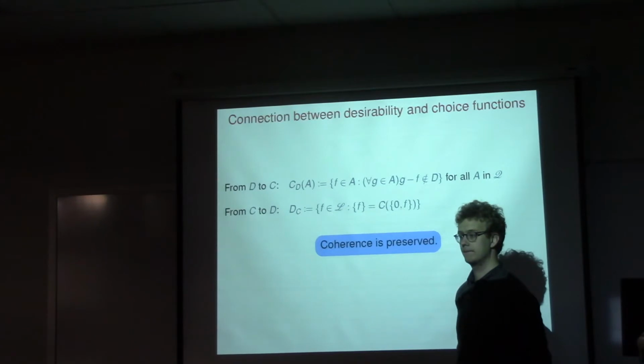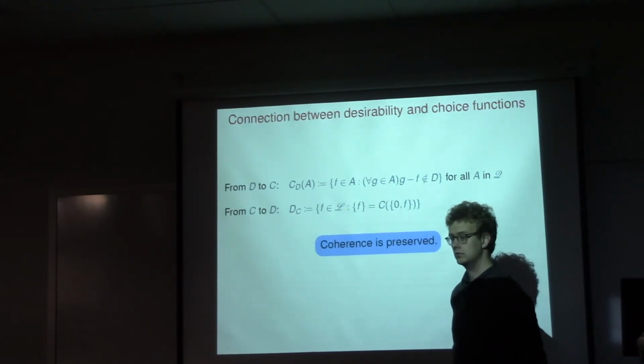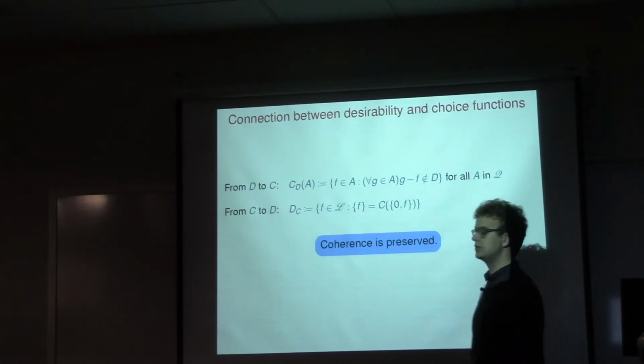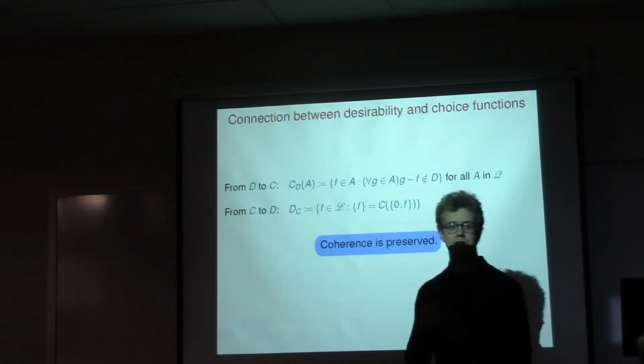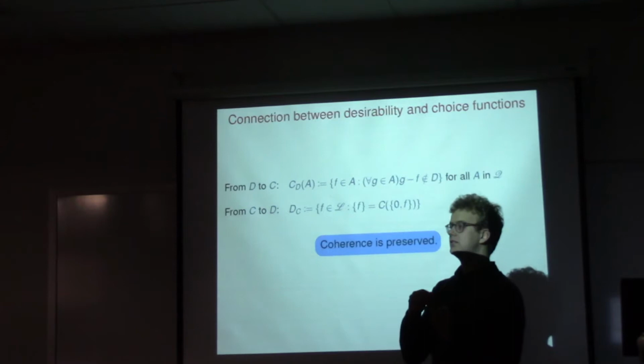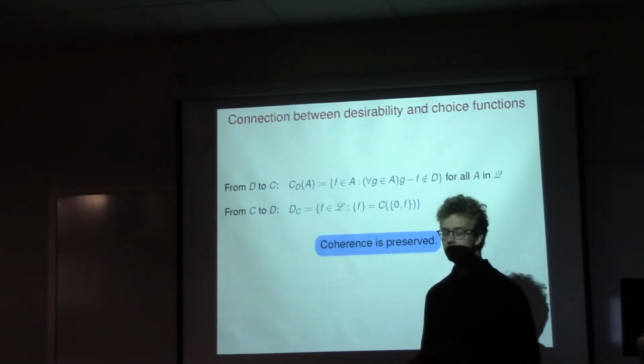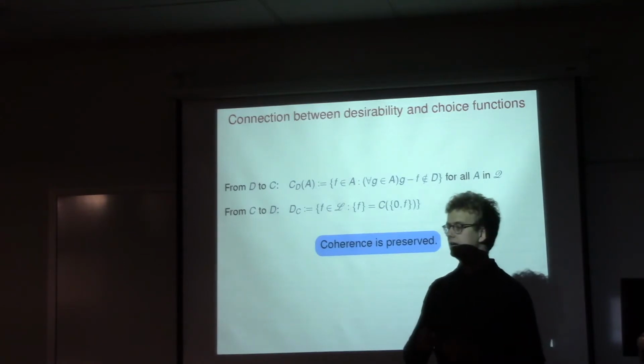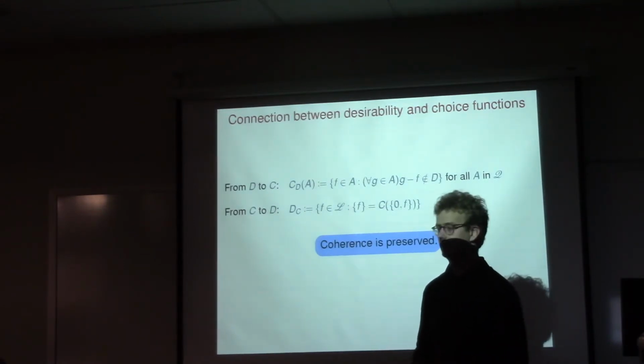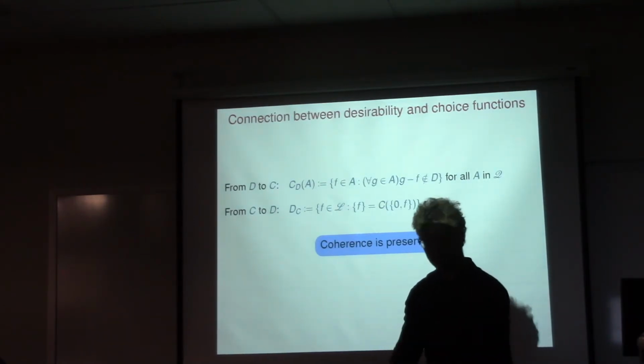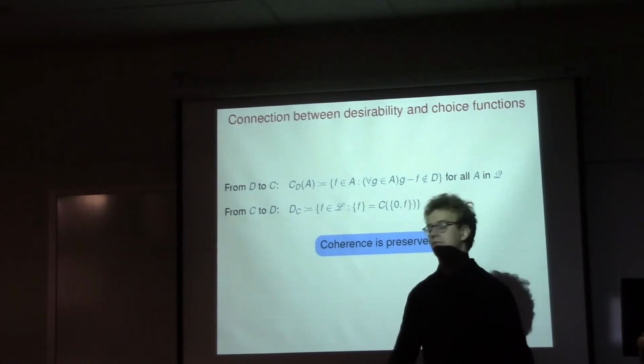Can you say that again, what it means that this is the smallest? Yeah, imagine you have two choice functions, C1 and C2. C2 is more informative than C1 if for every menu, C2 of A is a subset of C1 of A. Okay. So if I choose more selectively, then I'm more informed.